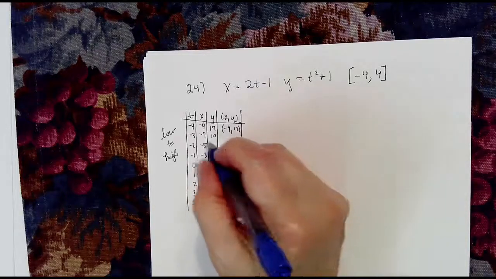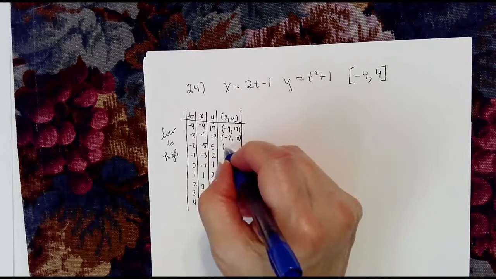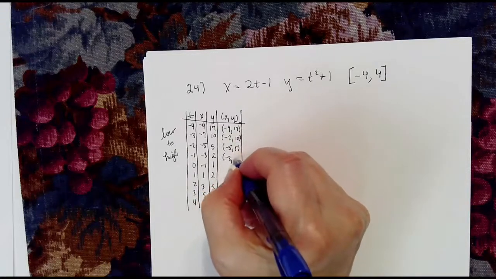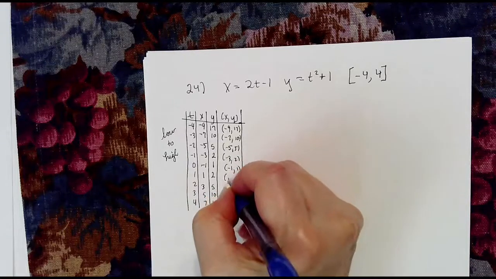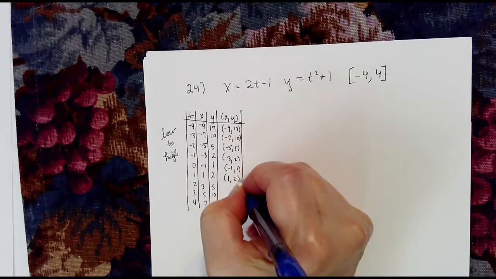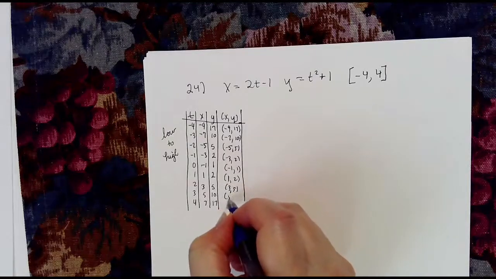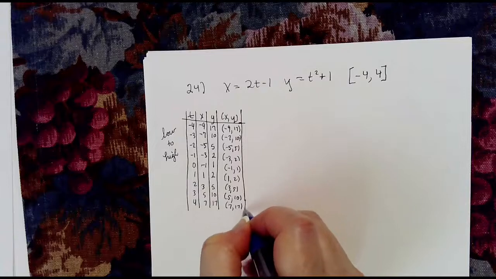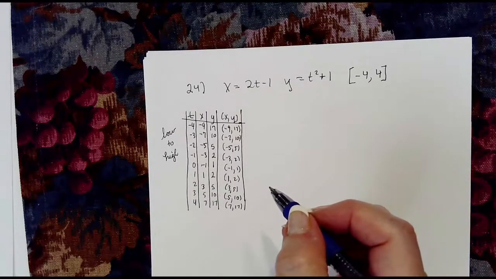Now this right here is just the ordered pairs. So -7, 10, -5, 5, -3, 2, -1, 1, 1, 2, 3, 5, 5, 10, and 7, 17. Okay? So we're going to graph it on the graph.